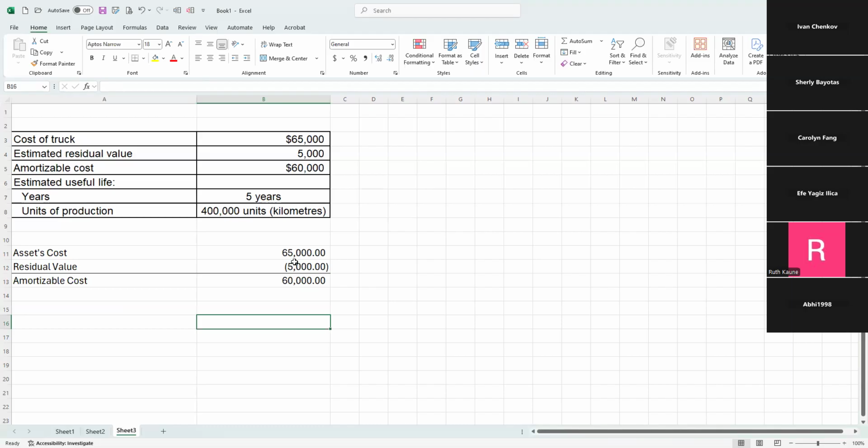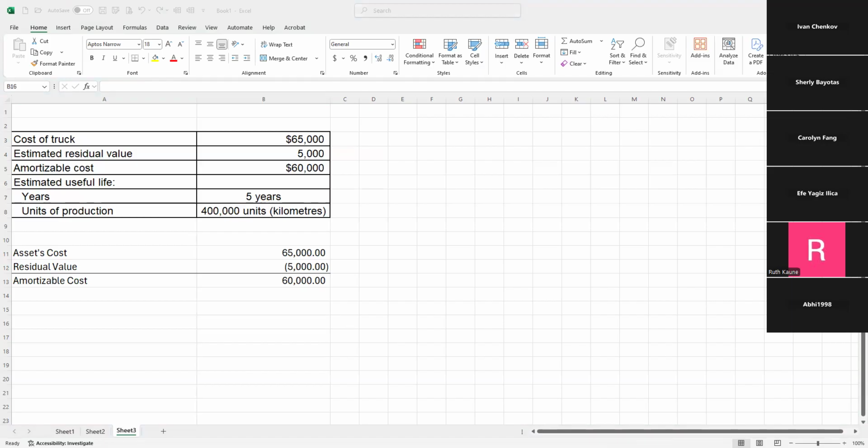So now the question is, I want to amortize. I know how much I have to amortize. I have to amortize $60,000. How? And that's where the methods come handy. First method we said is the straight line method. What does straight line method mean?